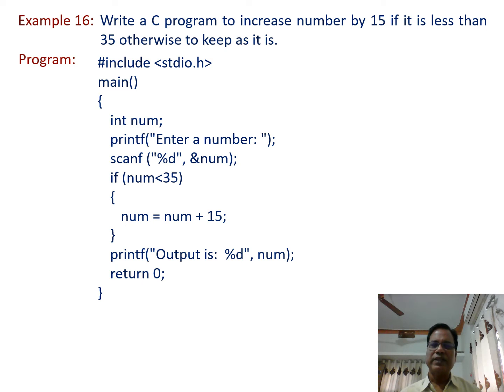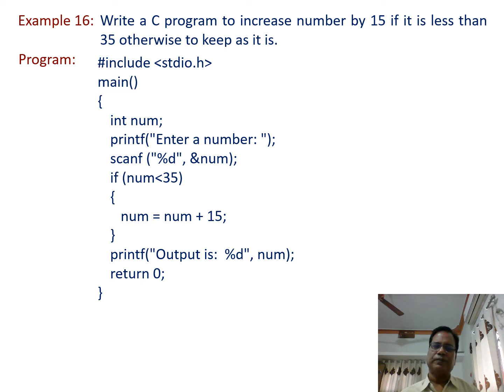If the number is less than 35, then num equal to num plus 15, that number is increased by 15. Otherwise, we do not have to increase it. Means if the number is less than 35, the condition is true, and in that case 15 is added to the number. Otherwise, the entered number is printed by the outside printf statement.